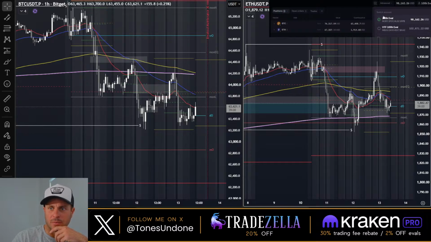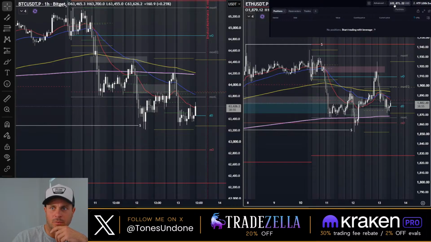I have to change the names. This is the higher time frame, and this is my daily one where I've got no trade and I'm up 3% almost on it. I have to change those names. I made a mistake.